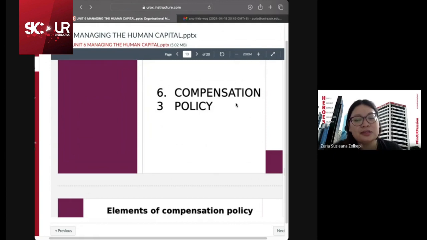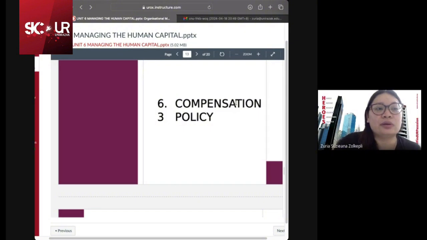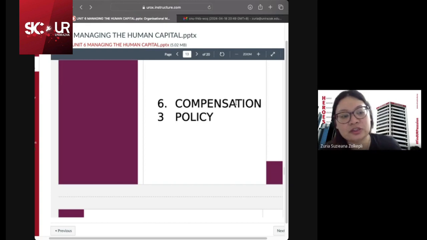So this actually relates a lot. Before we can talk about compensation policy, actually we should talk about motivation, right? Motivation theories and so on. We do have several motivation theories, right? I believe that you have learned in other subjects, in organizational behavior and so on.